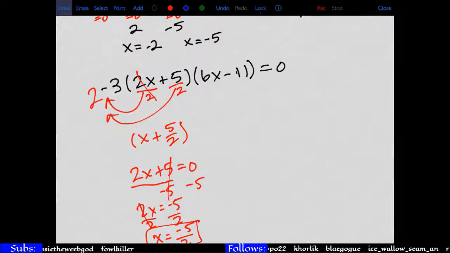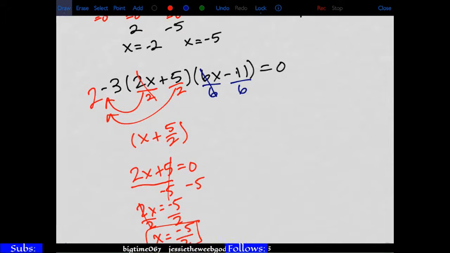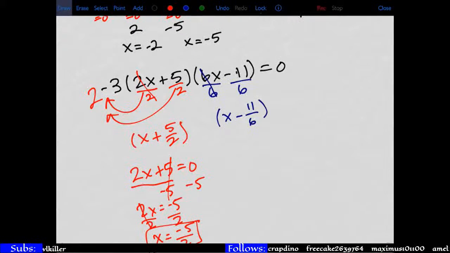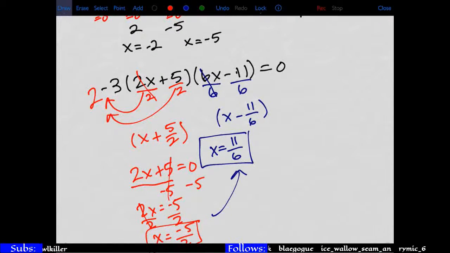On the one on the right, do the same thing. I think it's easier to just factor out the 6, so you'd get x minus 11 over 6 for that term once the 6 was out, which shows you that x must be 11 over 6 to make it equal to 0. So your two solutions are x equals negative 5 over 2 and x equals 11 over 6.